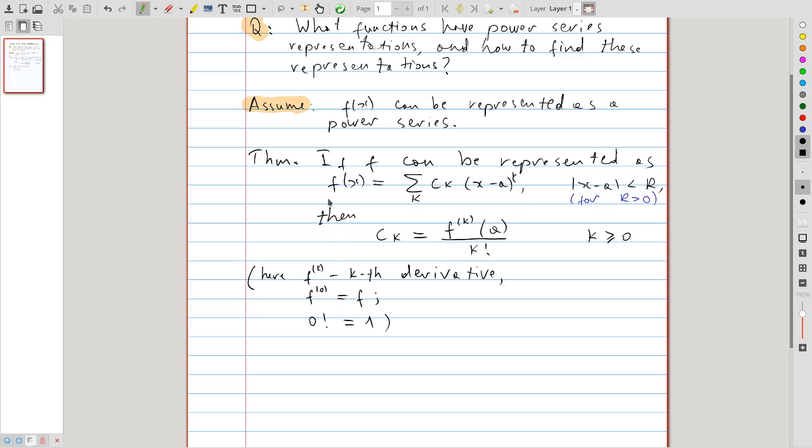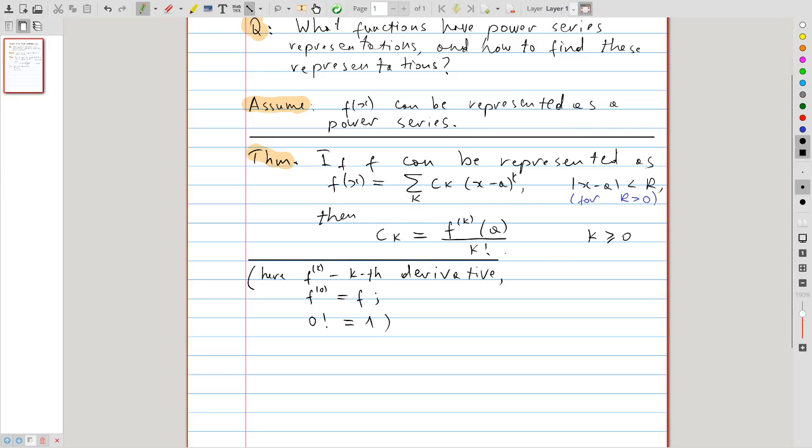So we could say that this is the statement of the theorem. But it will be useful to expand on it a little bit.